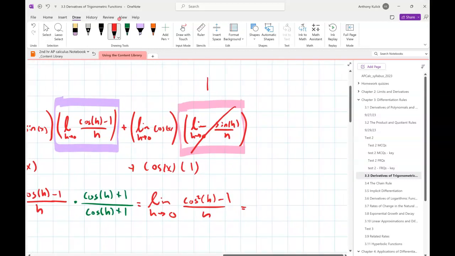So cosine squared h minus 1 is going to be close. I know 1 minus cosine squared is equal to sine squared. There you go.